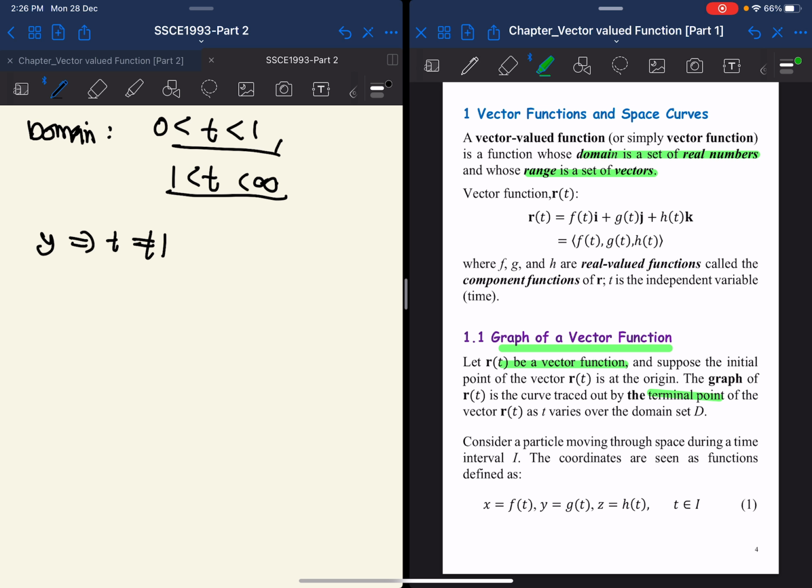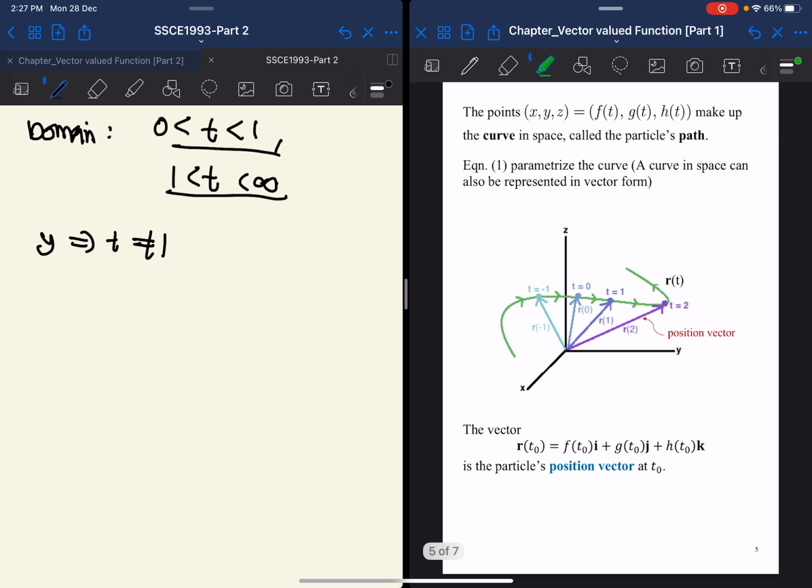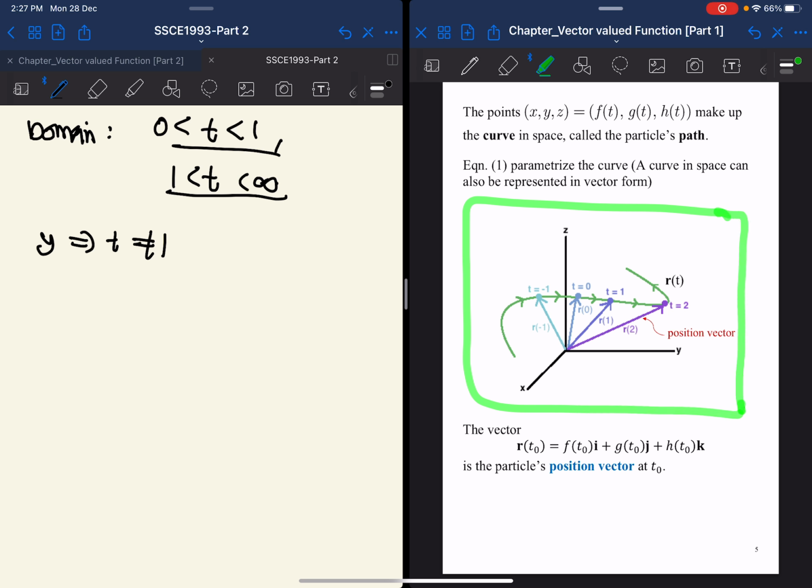Based on the vector function, you will get a curve in space, a curve like this graph, with the increasing values of t.